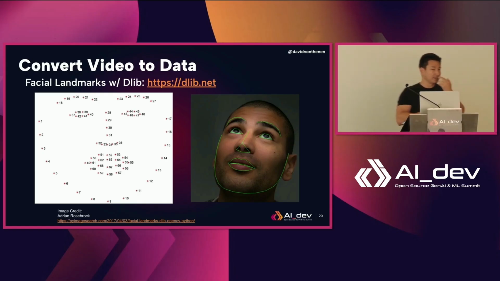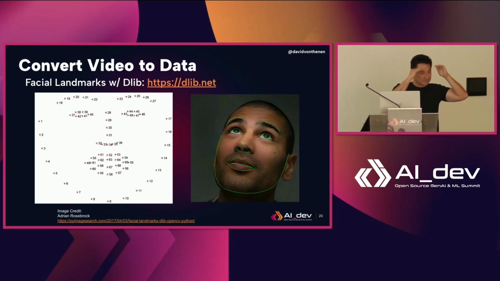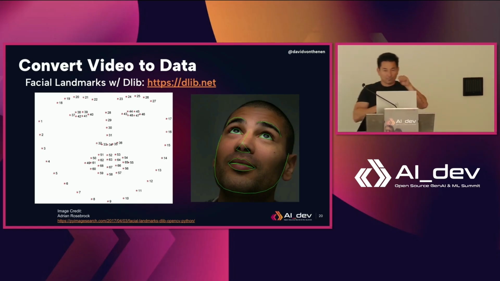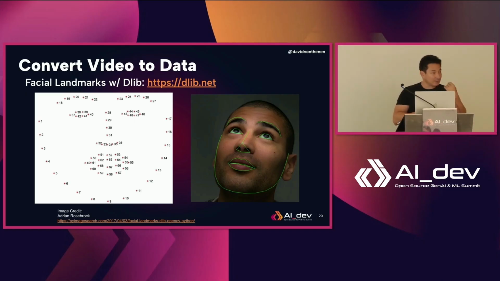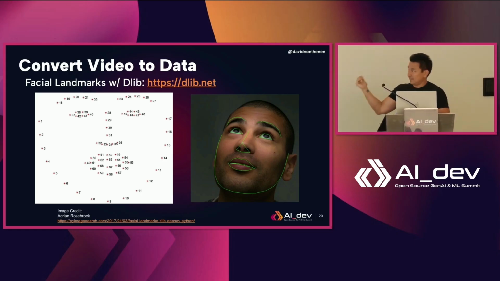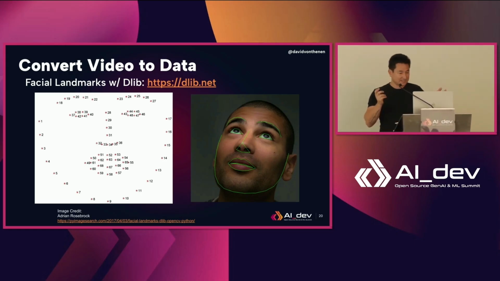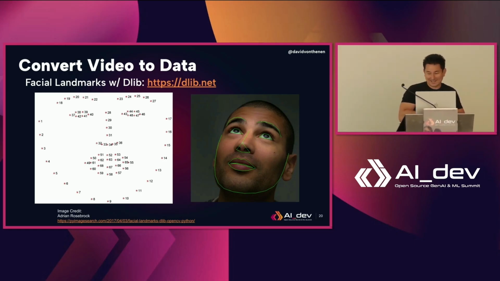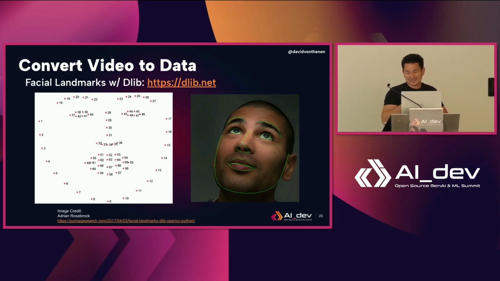So everything from their nose, their eyebrows moving up and down, their mouth as they're moving, their jawline. We can record all of that information. And on the right-hand side, you can see how that maps onto that person's face.